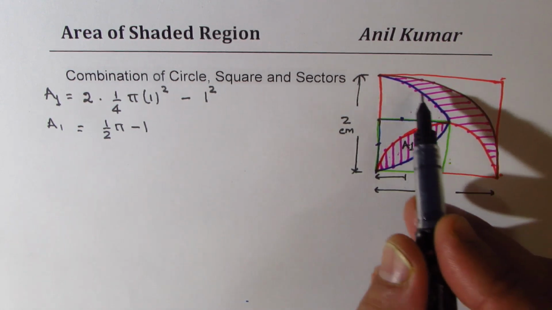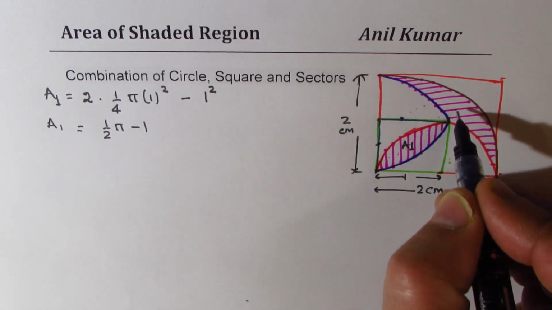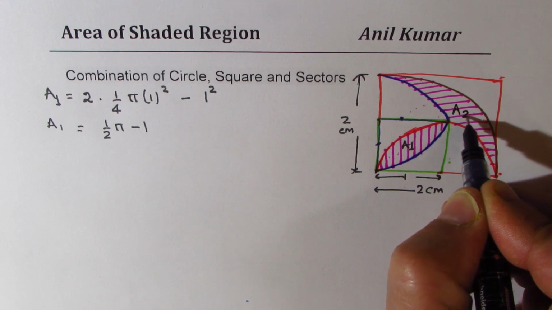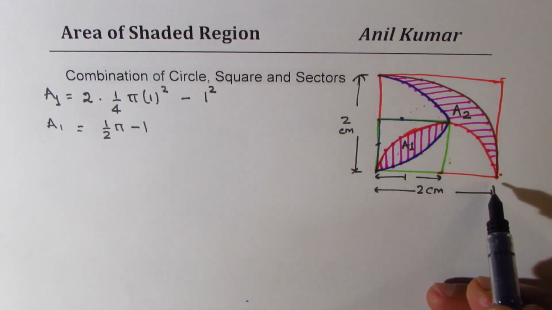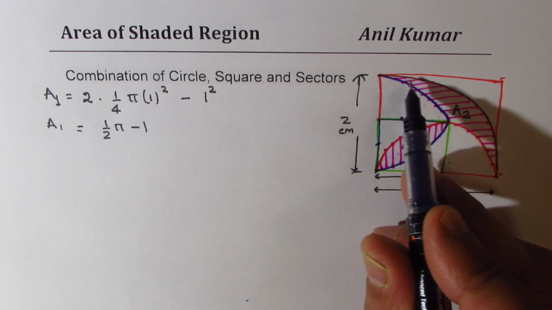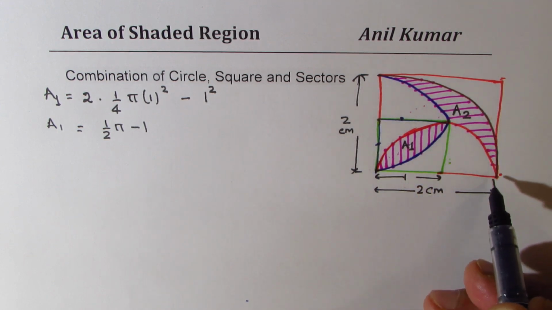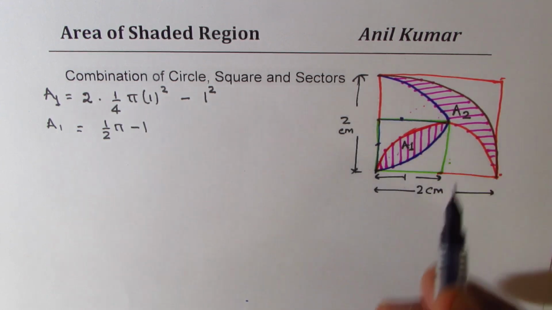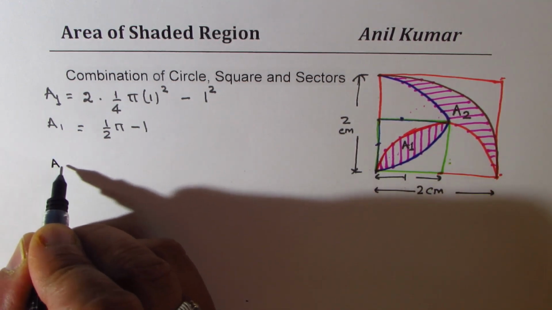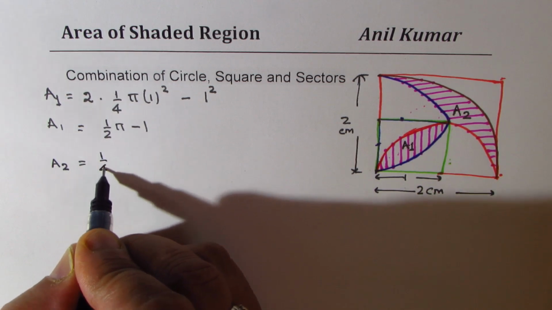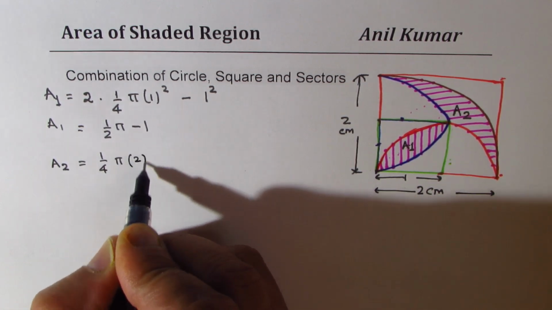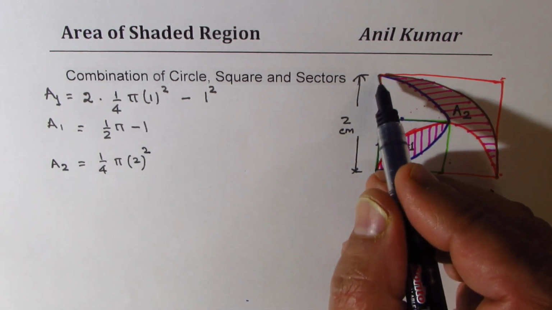Now how do we find the area shown here? Let's call this area 2. Now if you look into the bigger figure, we have a quarter of a circle with radius 2 centimeters, right? So area 2 is 1/4 of pi 2 square, where 2 is the radius, correct?